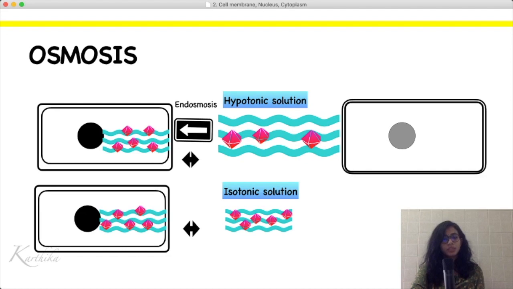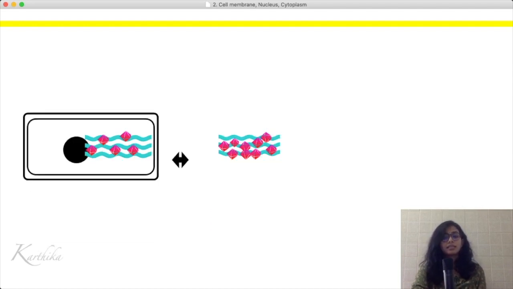So in this situation, the same amount of water will keep going inside and outside, and the equilibrium will be maintained. So basically, the cell will remain the way it is. Okay. Now, another situation is when the solution outside is more concentrated than the solution inside. Right? That means the water concentration is less outside.